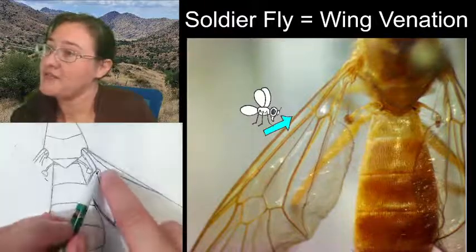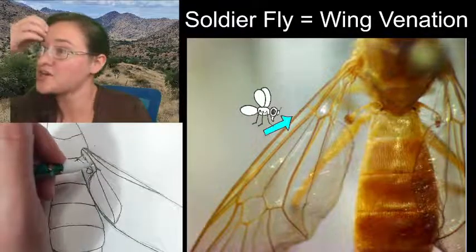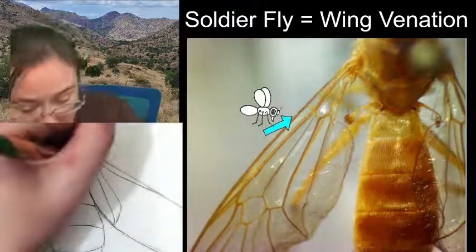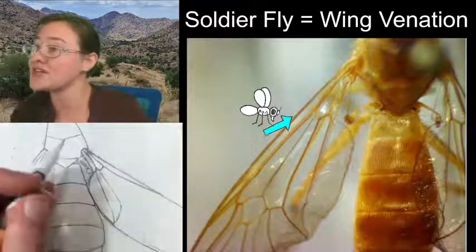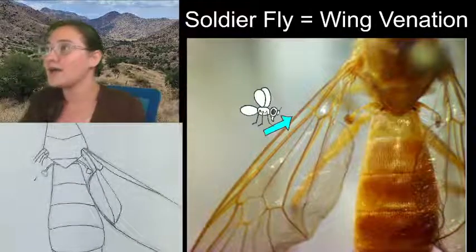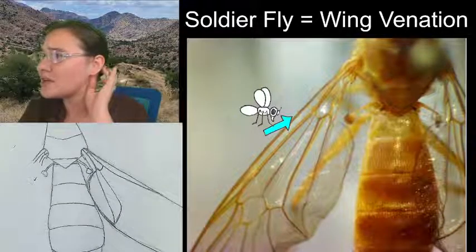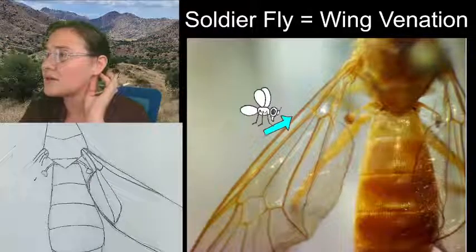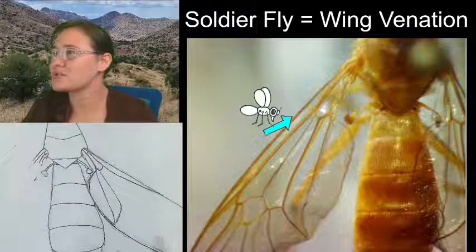All right, so if we're going to come back here, we have to connect this bottom one to our subcosta up here, and this is just a little cross vein, but it also creates the connection for our, I believe this next one, let me see, I can actually look it up. I don't know what the name of this one is.